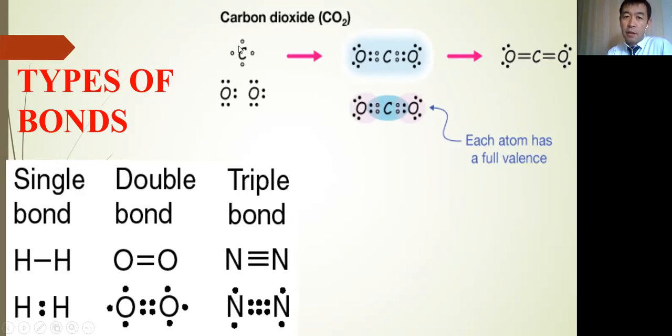If oxygen wants to bond with carbon, carbon must share 2 electrons with this oxygen, and the other 2 electrons of carbon are shared with another oxygen. These are 2 paired electrons, or 4 electrons, which make 2 lines, a double bond like this.